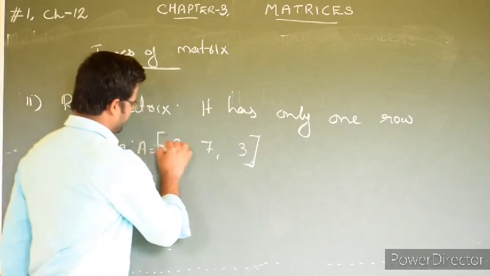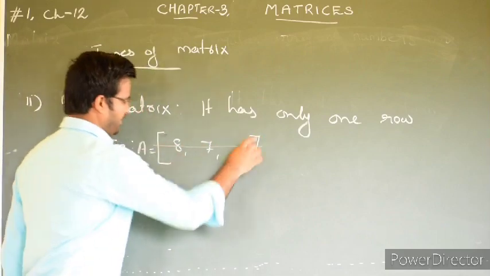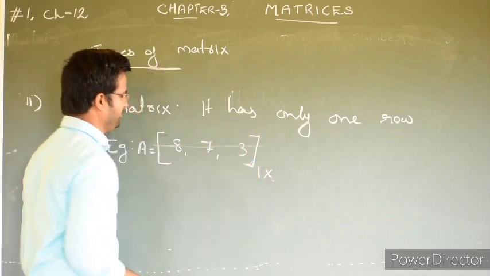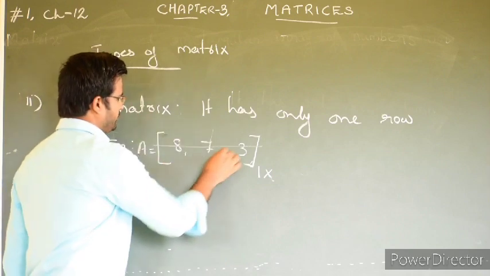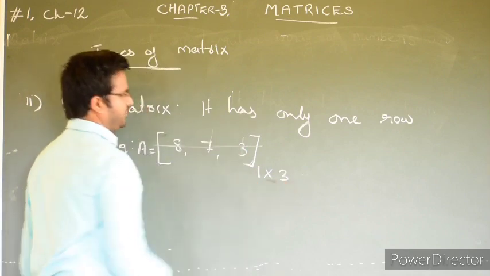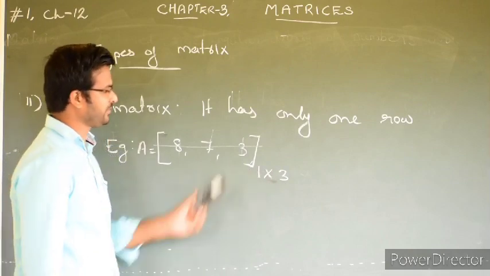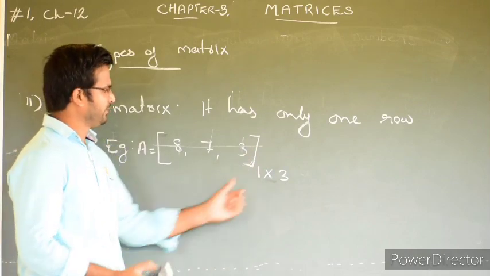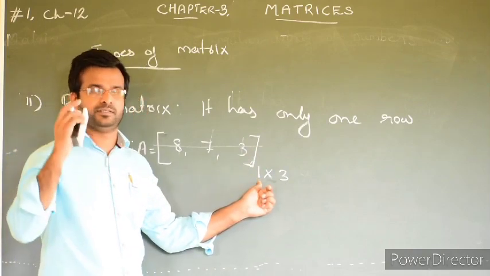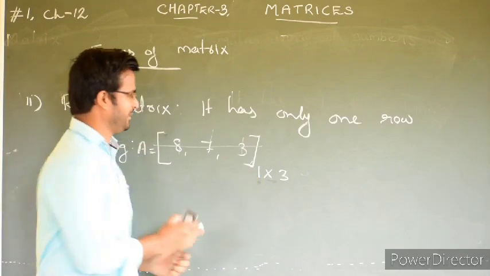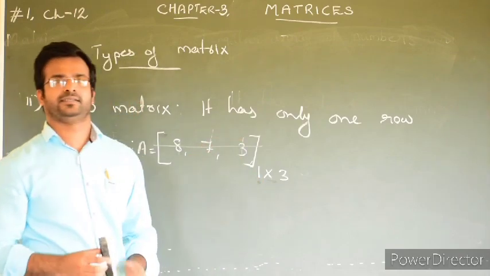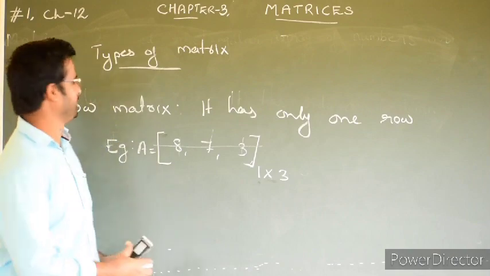Here the number of rows is only 1 and the number of columns is 1, 2, 3. The order of this matrix is 1 by 3. That means the number of rows is only 1. That's why we can say this matrix is a row matrix.